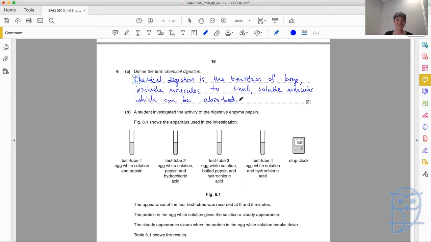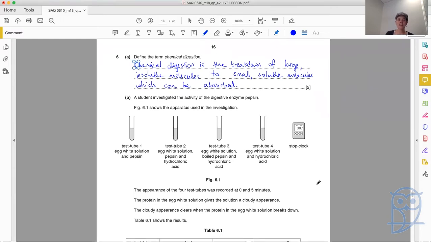So now we've set up what we're doing. A student investigated the activity of the digestive enzyme pepsin. So pepsin, here we are now talking about digestion of protein. Figure 6.1 shows the apparatus used in the investigation. Test tube 1 had an egg white solution and pepsin.